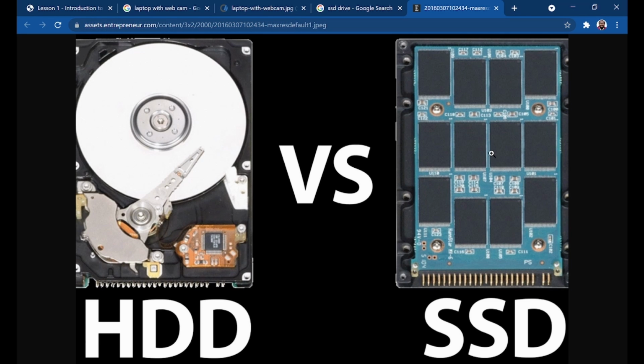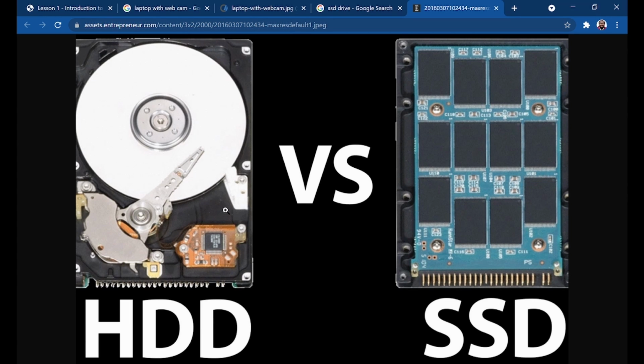The way this one is designed, nothing has to spin for the data to be read. Data can be accessed at any location at any time. So this is very fast, and so modern machines are having SSDs.